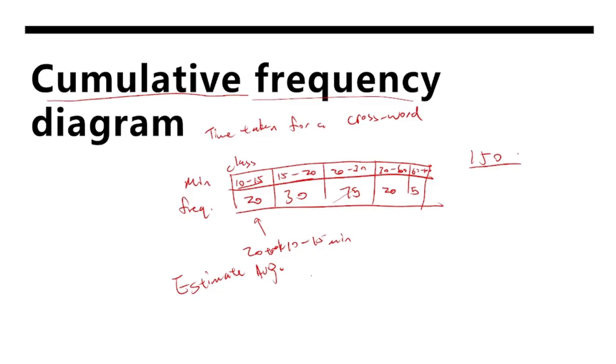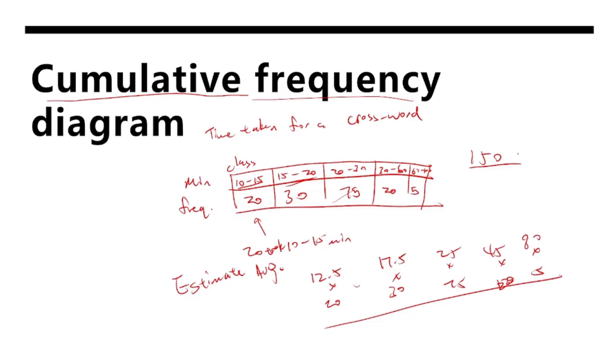So here would be 12.5, here will be 17.5, here will be 25, here will be 45, and this will be 80. Then we multiply by the frequency each time, add them, and divide by the sample size. This is how we calculate the average.